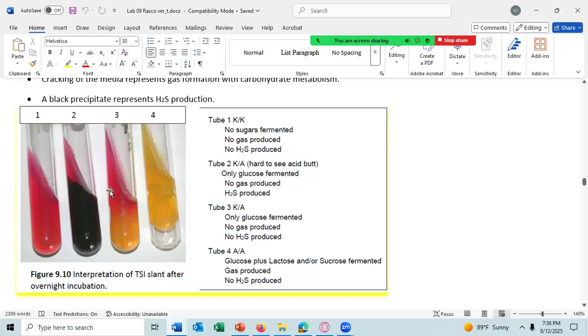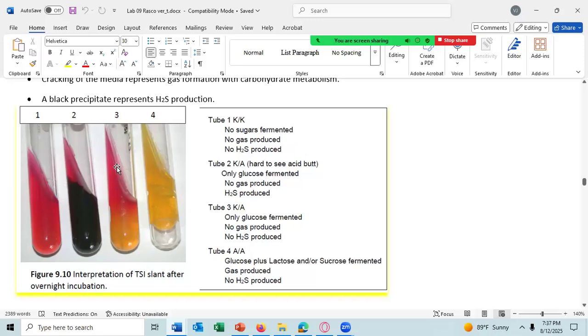And so rather than die, the bacteria use the protein in the media, releasing ammonia as a waste product from digesting the protein or amino acids. And the ammonia is a base, and that will revert the yellow slant to a reddish or pinkish color.